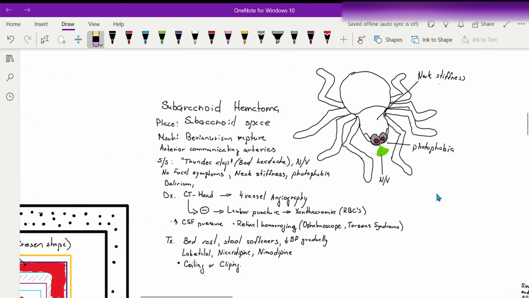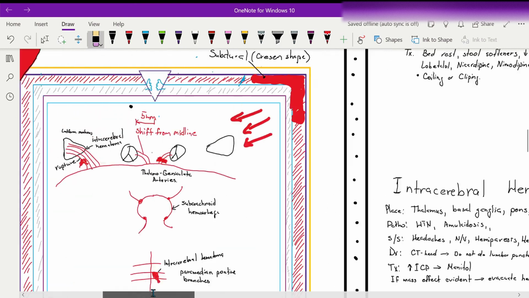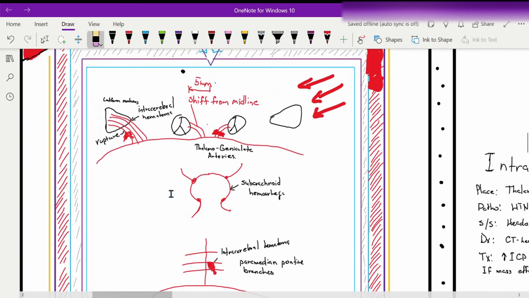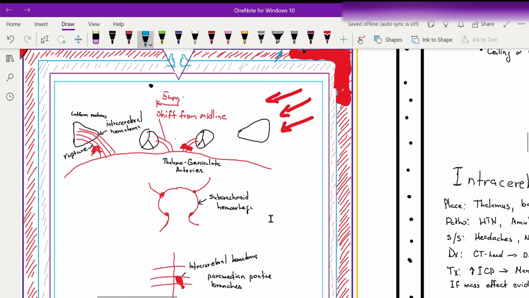Subarachnoid hematoma occurs under the arachnoid layer. So they can occur right over here where the circle of Willis is, and these veins or arteries rupture. And they bleed and cause pressure on the brain.